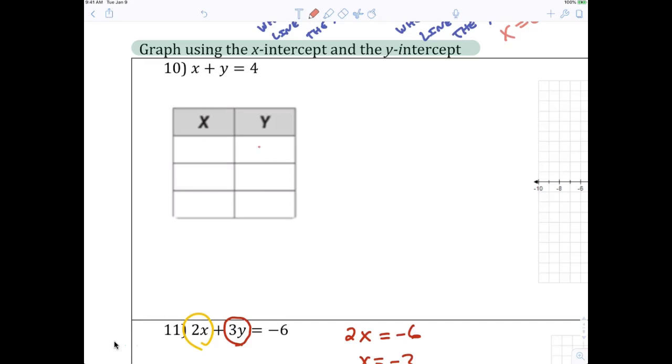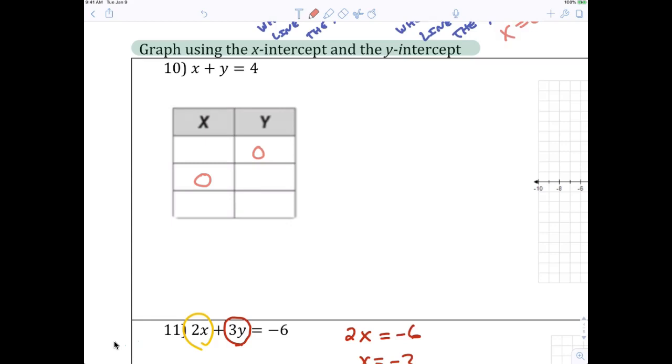So I put a 0 here. To find the y-intercept, what is true, Ian? What is 0? That's exactly right. So every time you want to find the x and y intercepts, all you do is put 0 in for y, and then you put 0 in for x.